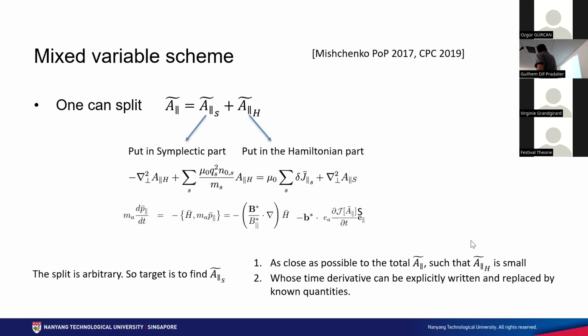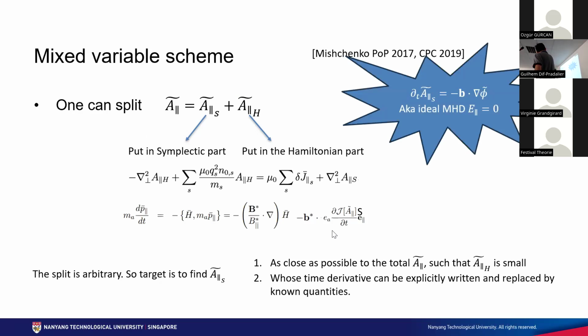The other problem is how we deal with the parallel time derivative of A parallel. This one can be solved by taking a proxy for that. In this case, Mishchenko has decided to take the proxy of ideal Ohm's law. So let's just fix it in such a way that the time derivative of the symplectic part of A parallel is just the parallel gradient of phi.